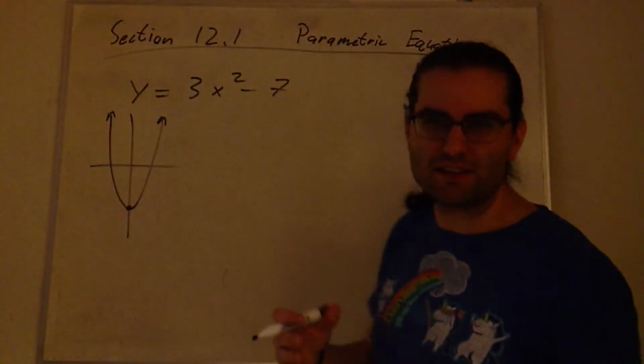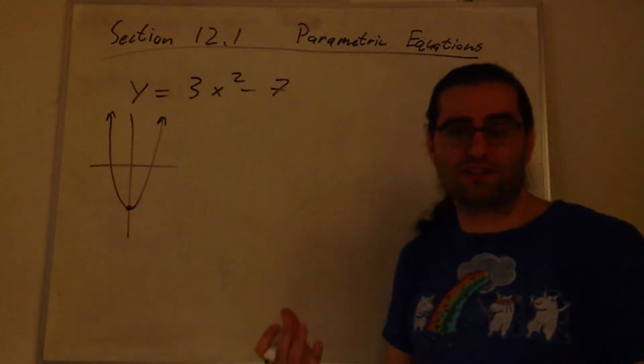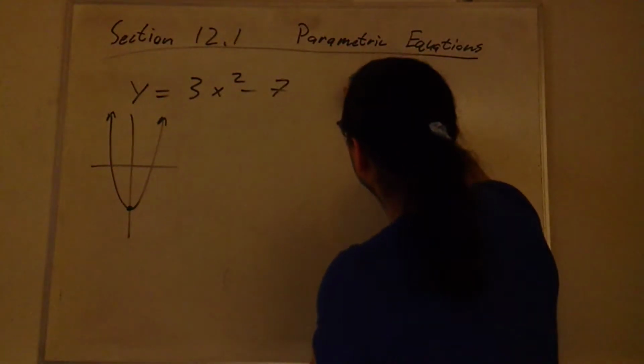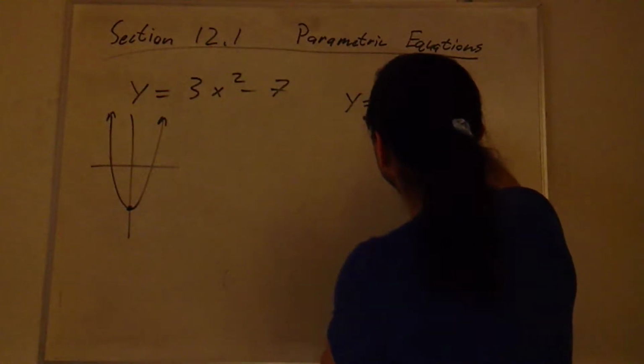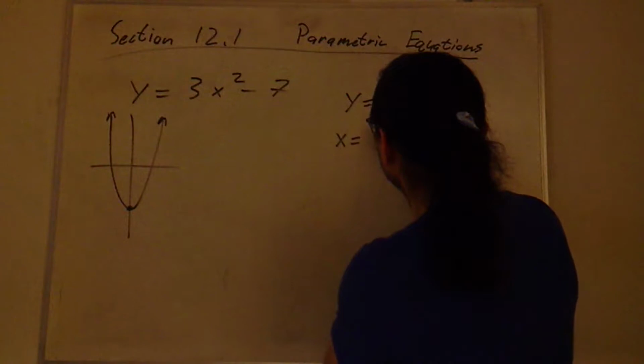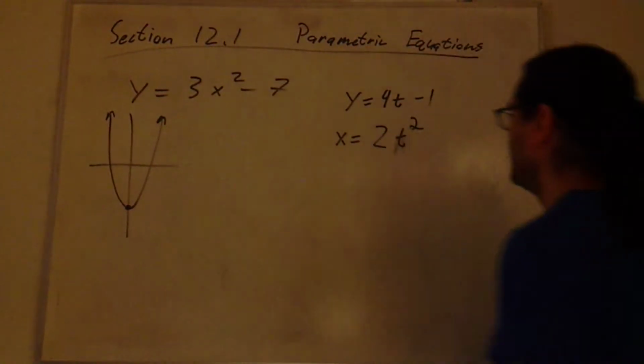Or, I guess you can call it whatever you want. Usually it's called t. So instead of something like this, we might see something like y equals 4t minus 1 and x equals 2t squared.